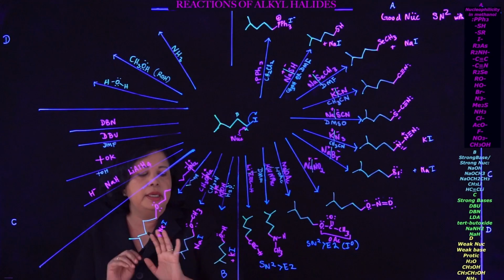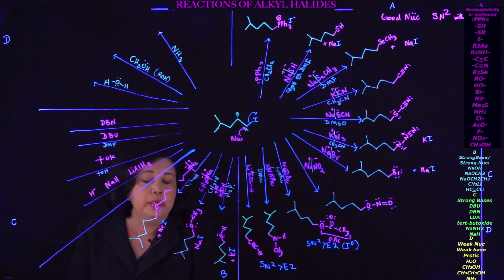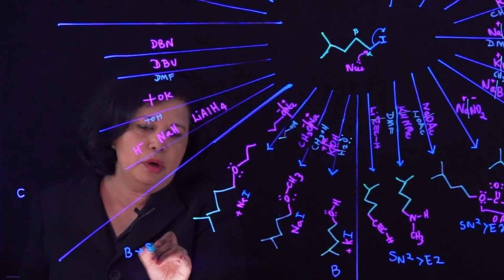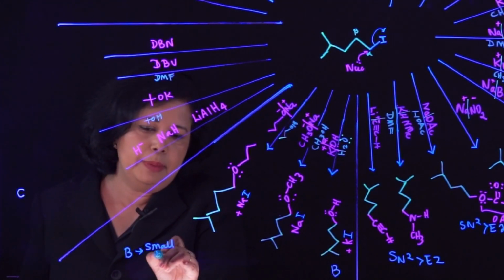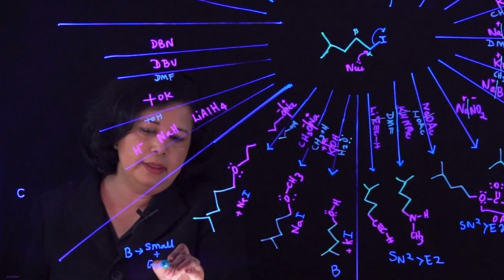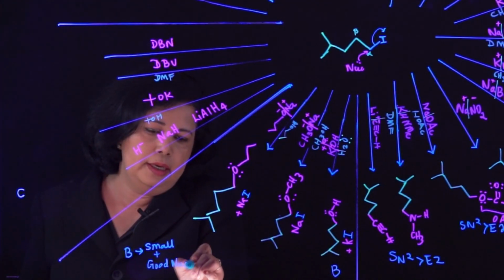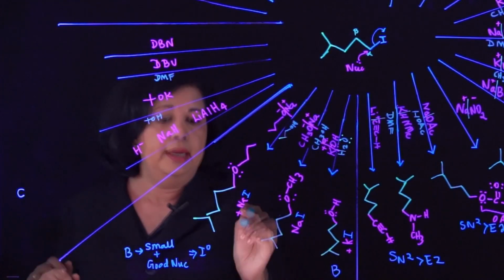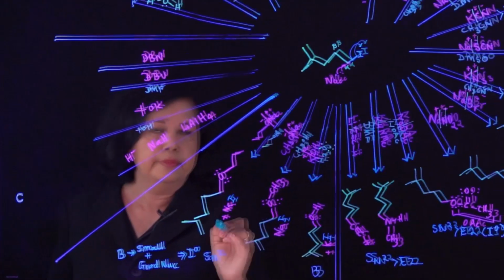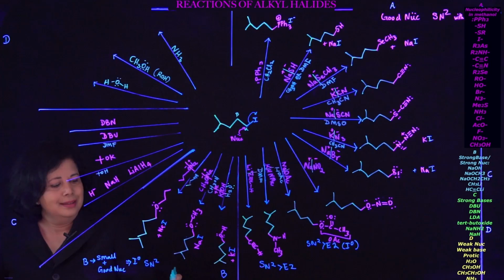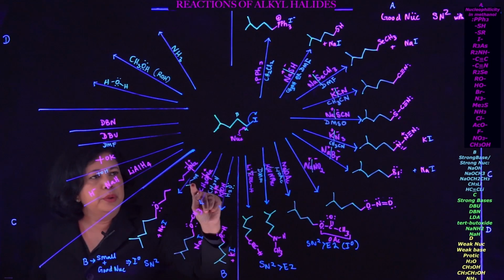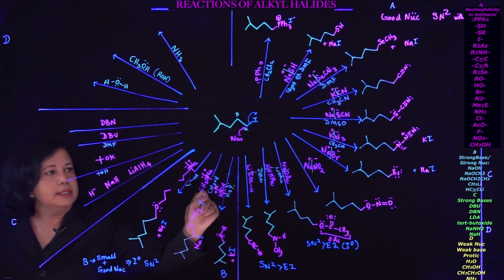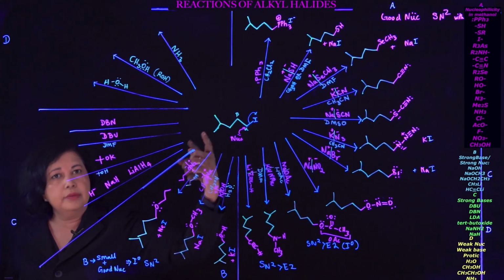On primary, they are still going to do SN2. So B would be small base plus good nucleophile. And on primary, they would do primarily SN2. So, and they don't do E1, SN1, even though they are in protic solvents, because the SN2 would happen a lot faster.